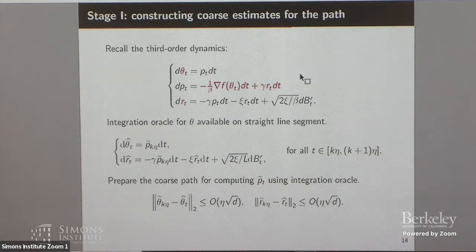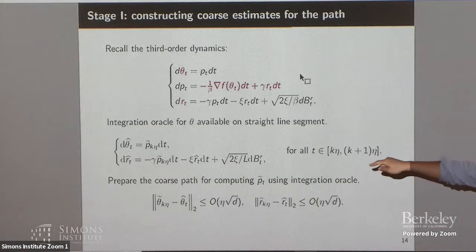And all the things with hat are some auxiliary process, which is beneficial conceptually for the construction of this discretization scheme, but not really used in our algorithm. So that's what we do first.